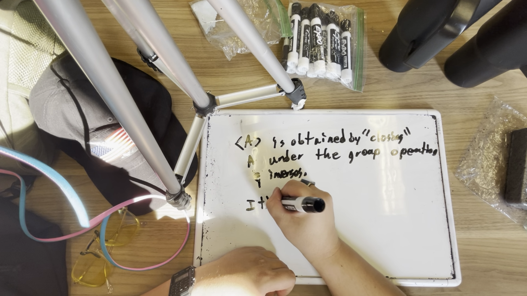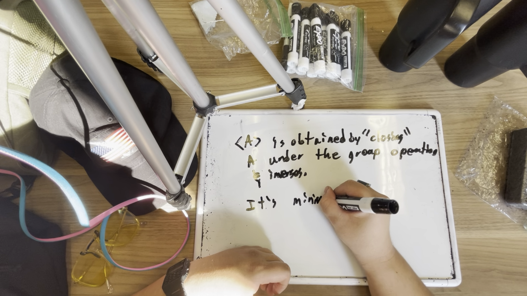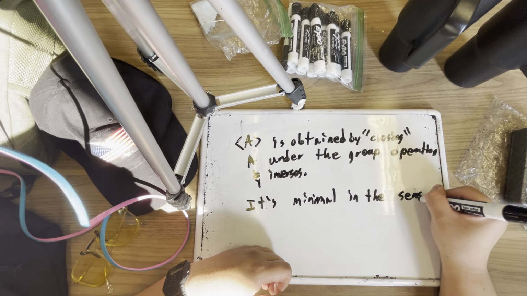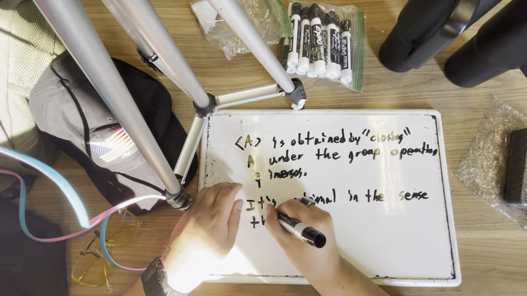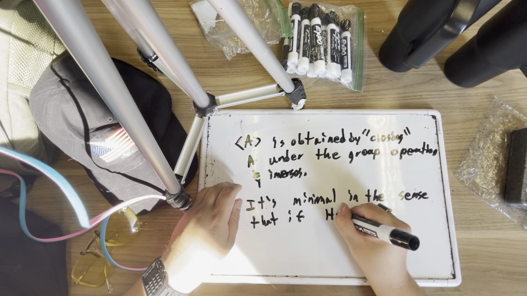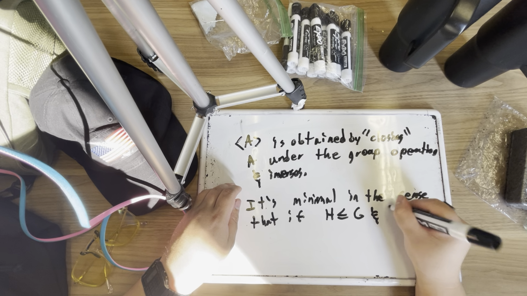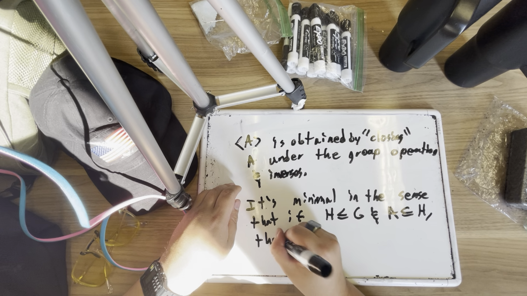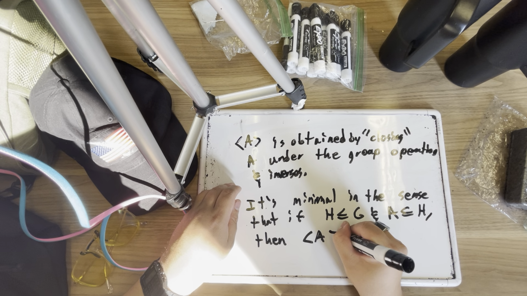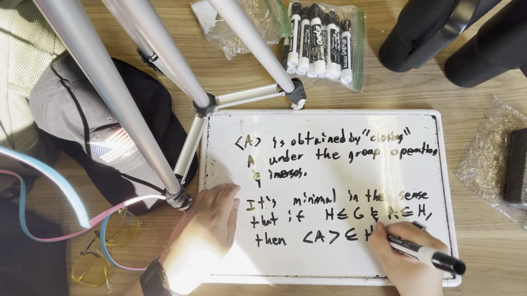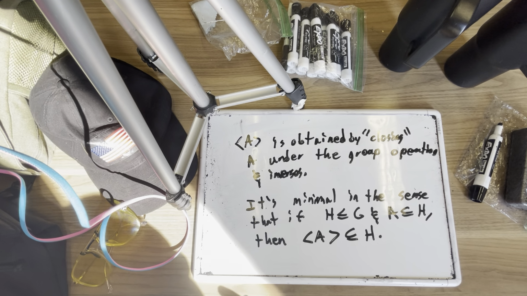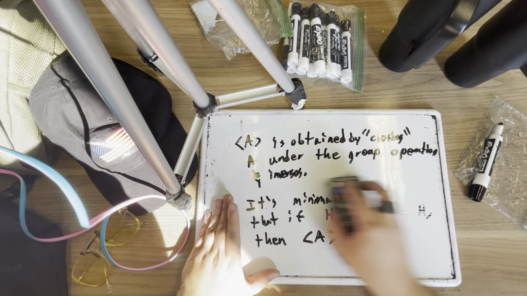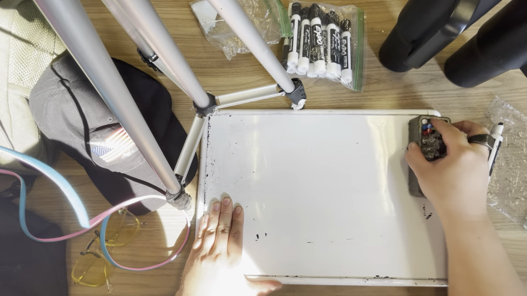It's minimal in the sense that if H is a subgroup of G and A is a subset of H, then the group generated by A is a subset of H. Okay? So that's pretty cool, right? So let's get into another proposition.